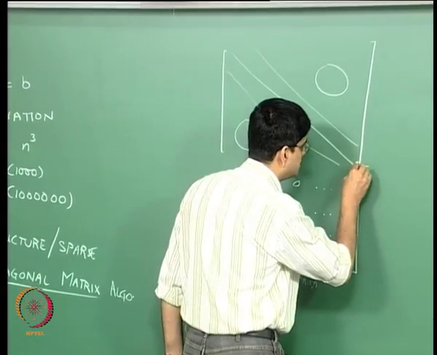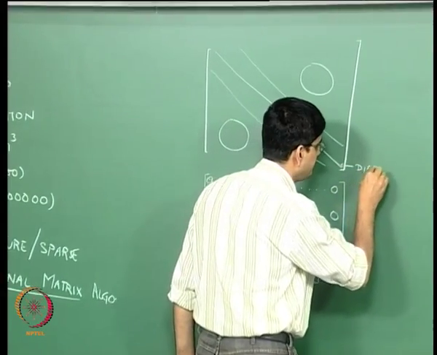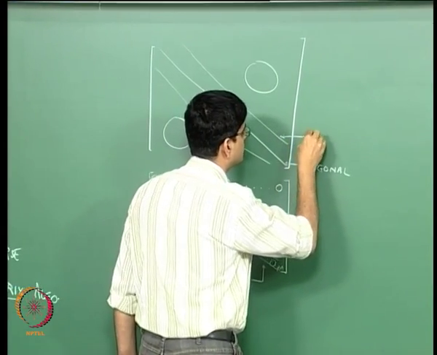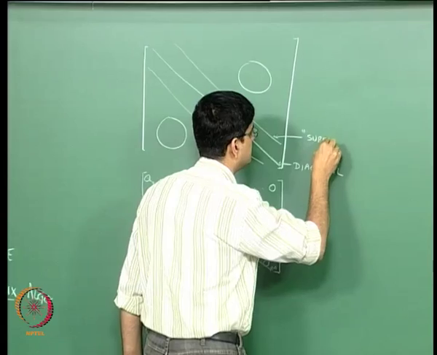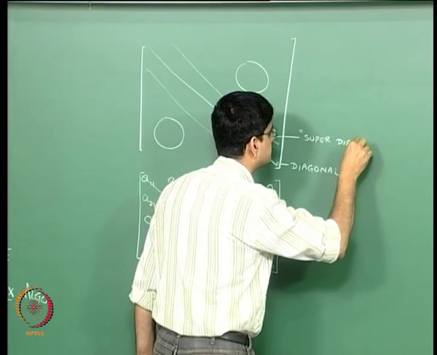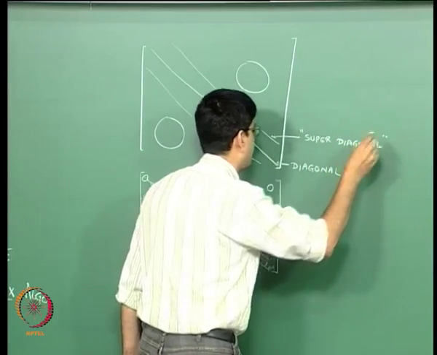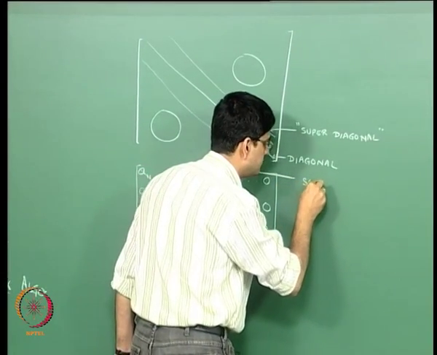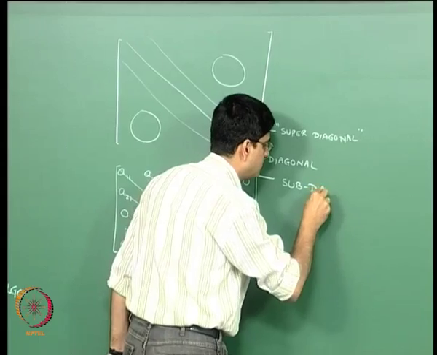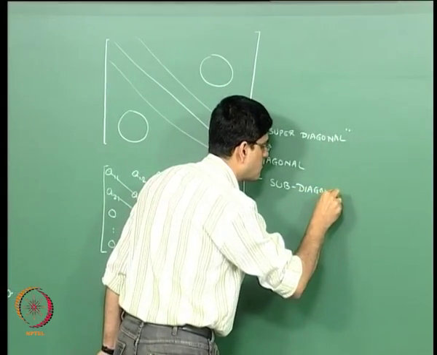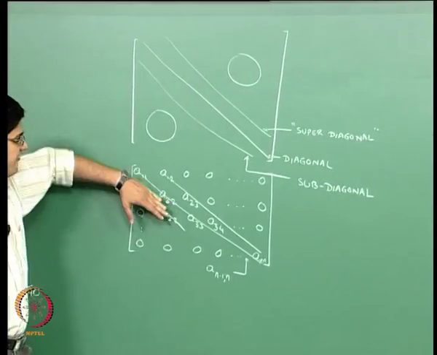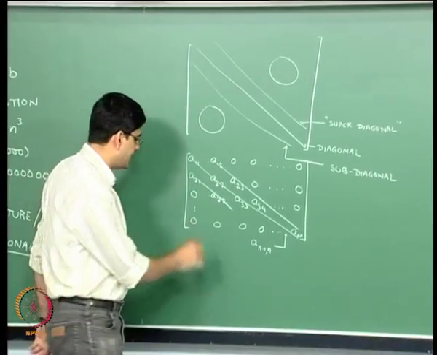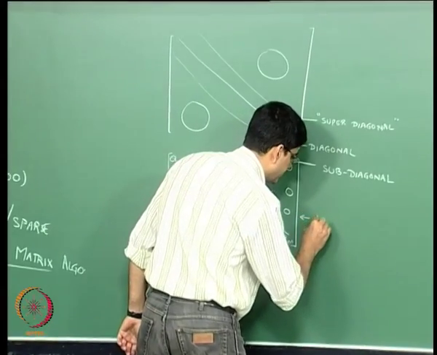So this is called a diagonal, this is what is known as a super diagonal, and this is going to be the sub-diagonal. And if we have one diagonal element, one super and one sub-diagonal element, what we actually get is a tridiagonal matrix.